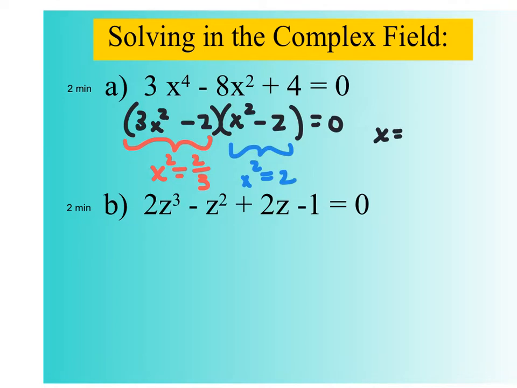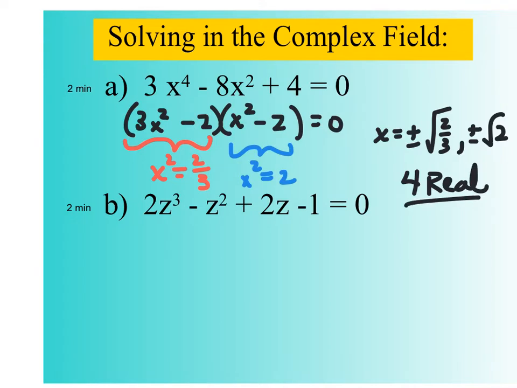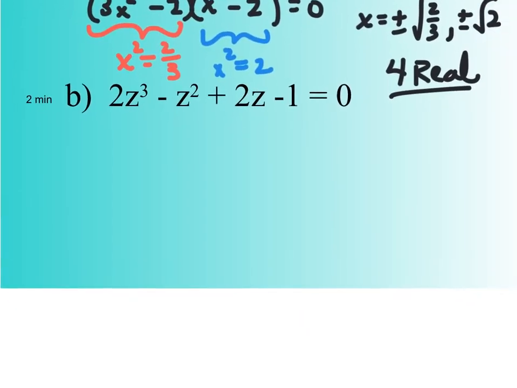It looks like x is going to equal plus or minus the square root of 2/3, and also plus or minus the square root of 2. Alright, so we get 4 real solutions. Okay, you'll always get 4 solutions, but it depends on whether or not they're real or imaginary.